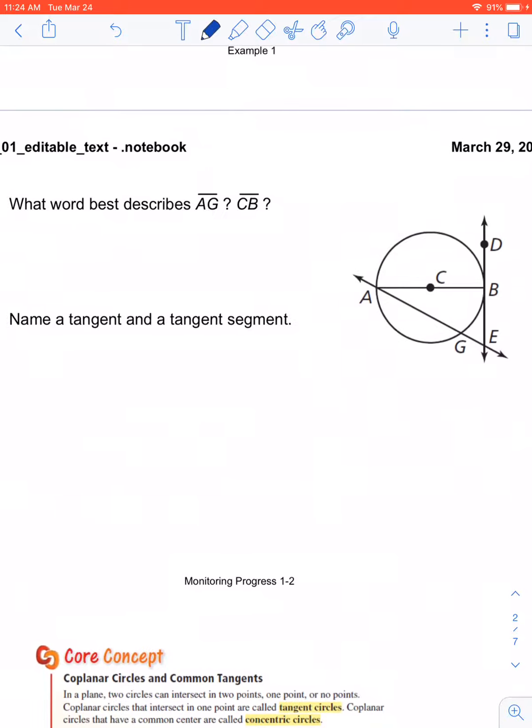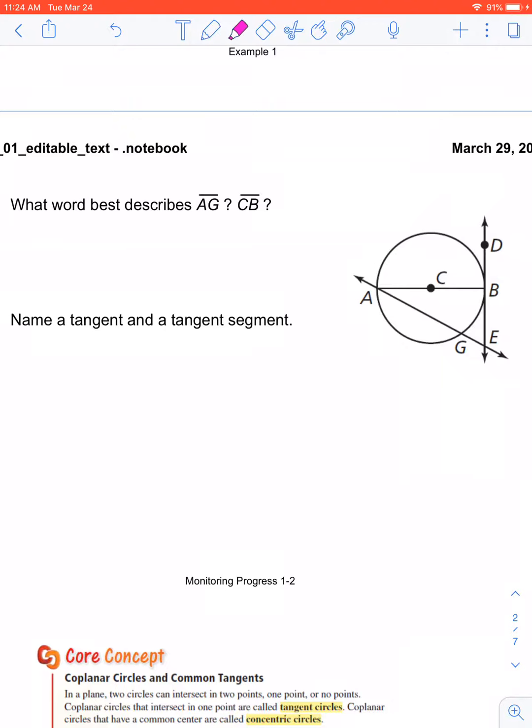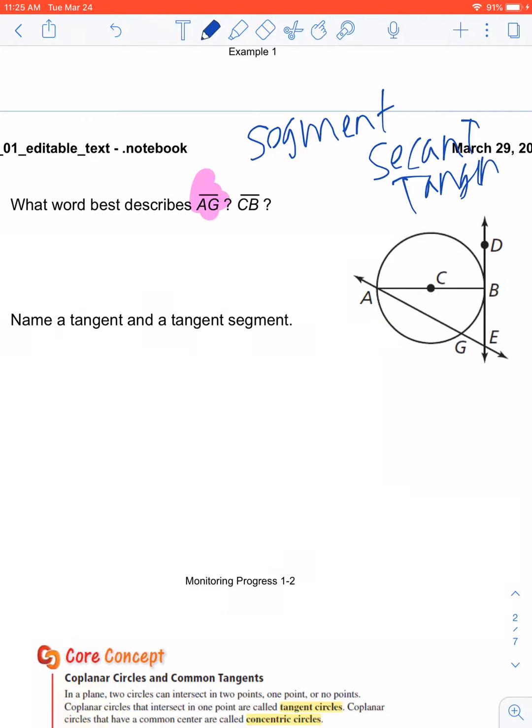So what word best describes AG? Well, let's take a look. If I look at AG, it is asking for a segment. So that means this cannot be a secant or a tangent if it's asking me to look at a segment.